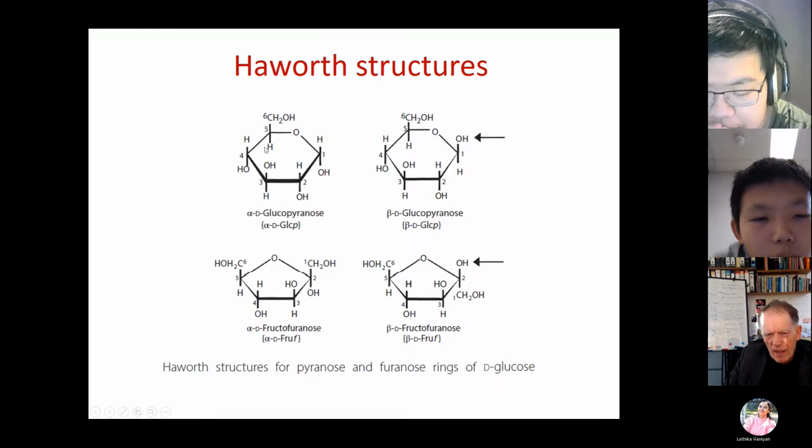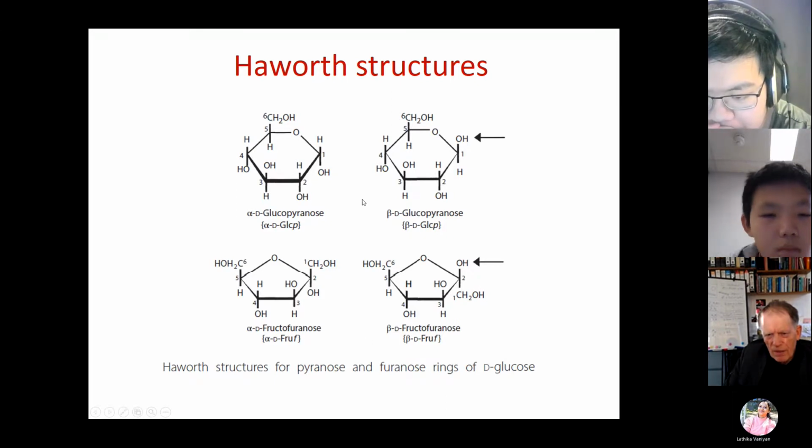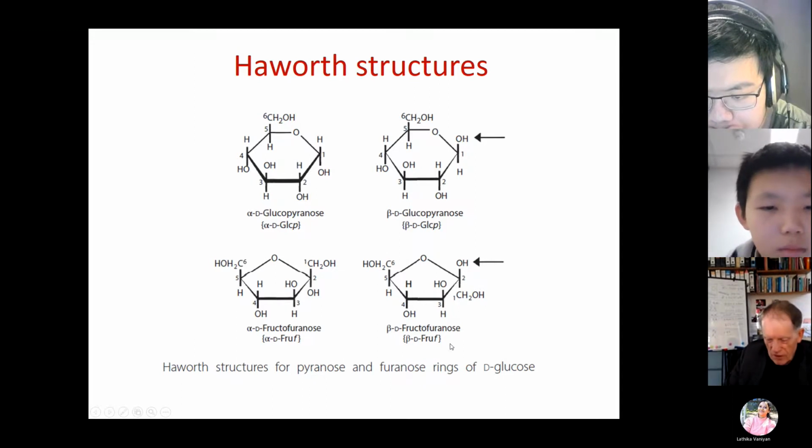So position can be very important in determining the properties and type of a carbohydrate. So these are the ring structures of glucose, of a pyranose, e.g. glucose, and a furanose 5-membered ring, e.g. fructose.